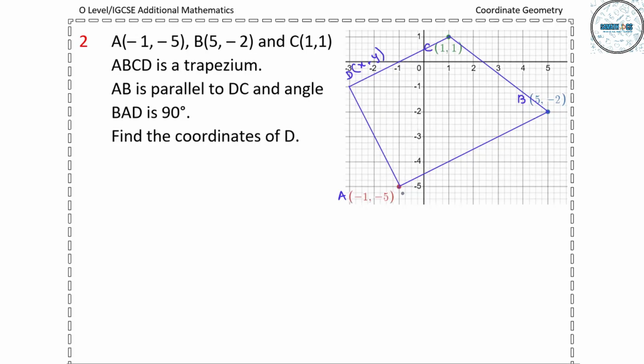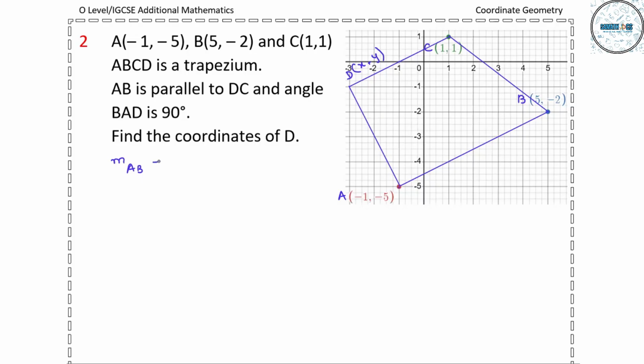In the same way, AD is perpendicular to AB. So the gradients of perpendicular lines are negative reciprocal to each other. First of all, we will take out gradient of AB because the gradient of CD is same as gradient of AB, and gradient of AD is negative reciprocal to gradient of AB.